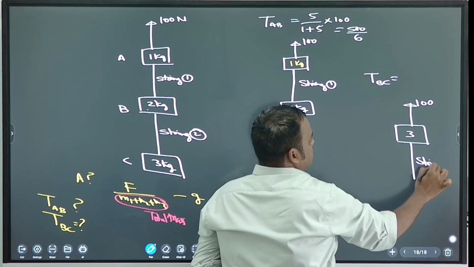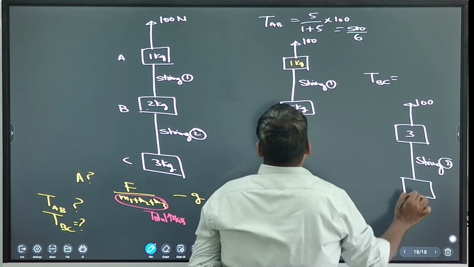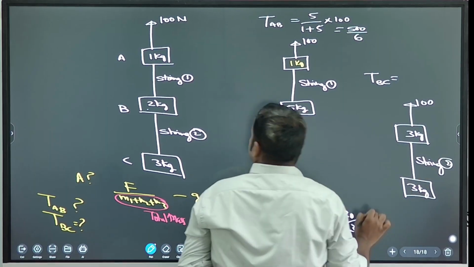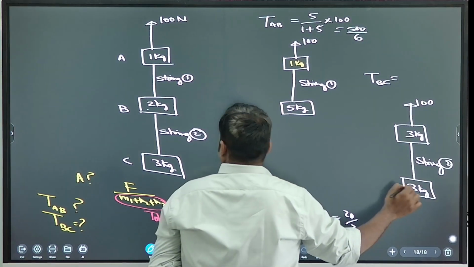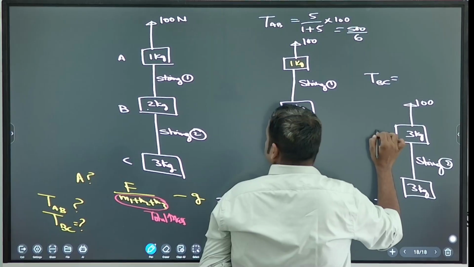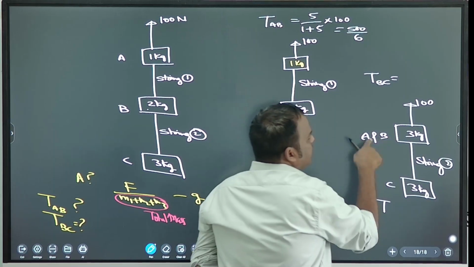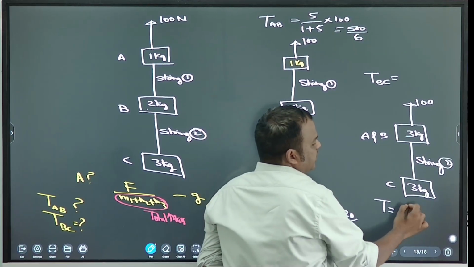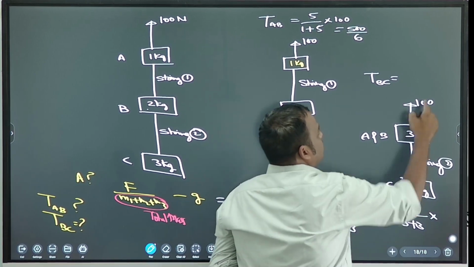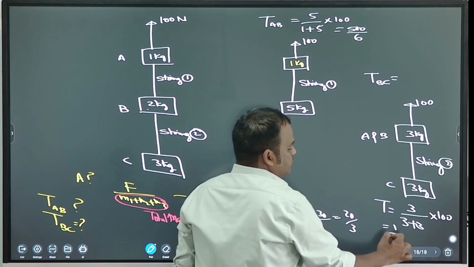Now this is string 2. Then this one, 3 kg. So what is the tension? A and B combined. Tension: 3 by 3 plus 3 into F. So 1 by 2 into F.